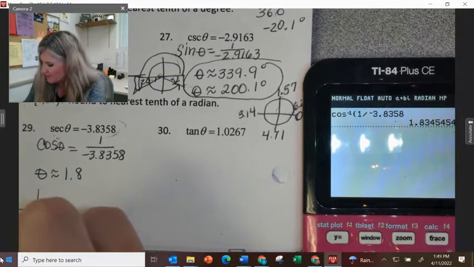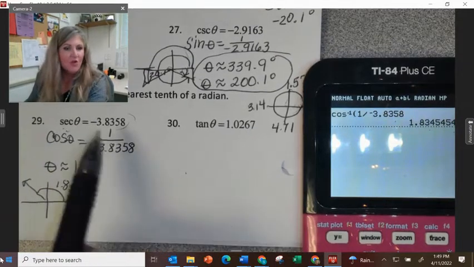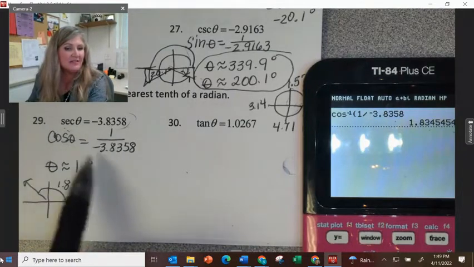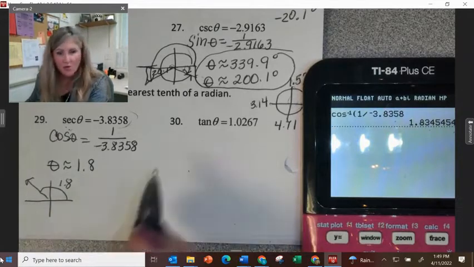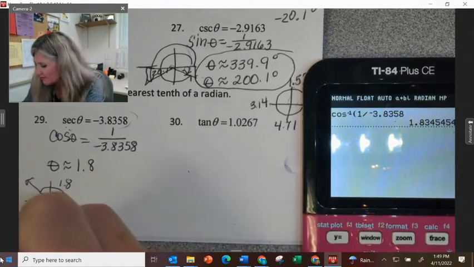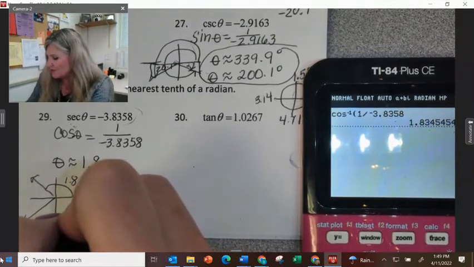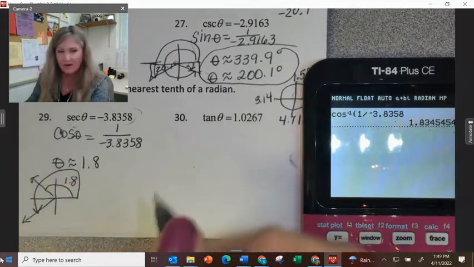Now, that is this angle here. That's 1.8 radians, right? Which other quadrant is going to have a cosine and secant that's negative besides quadrant 2? Quadrant 3. Now, think about this. We want the angle that starts here and goes around to there.